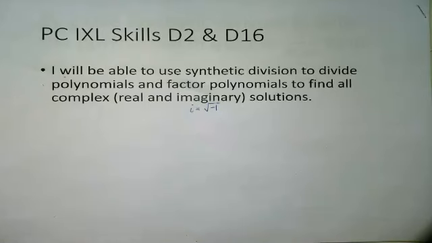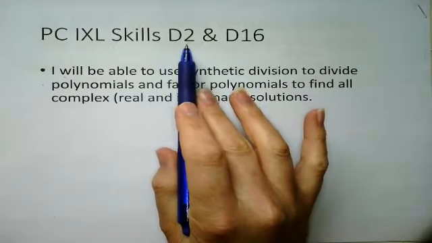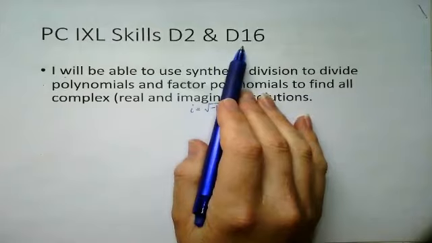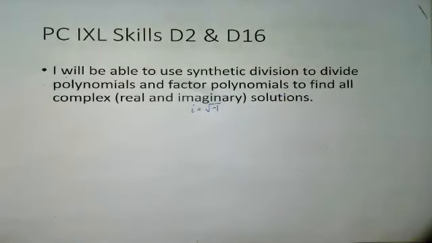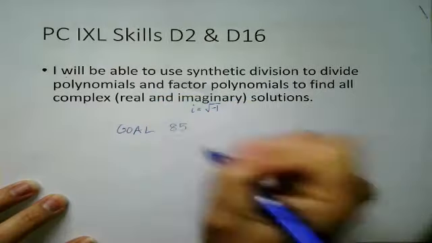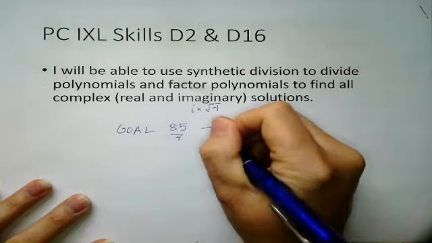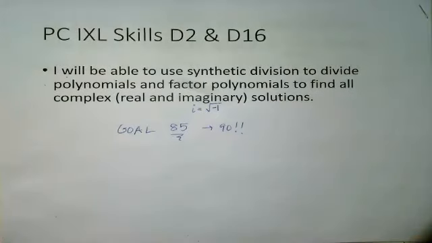Again, this video is totally optional. You can go into IXL and just try to do the skill, and if it goes fine, fantastic. If you enter in and you're not quite sure what to do here, maybe you need a little refresher, maybe you need to watch the video. Your goal is simply an 85 or somewhere around 85. If you get to 90, that would be excellent. If you get higher than 90, wonderful.